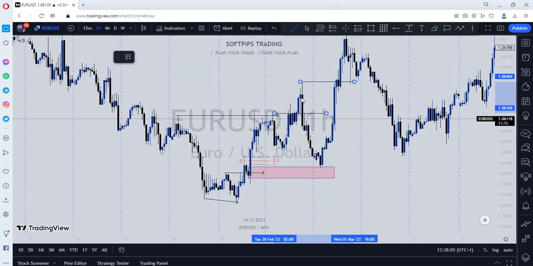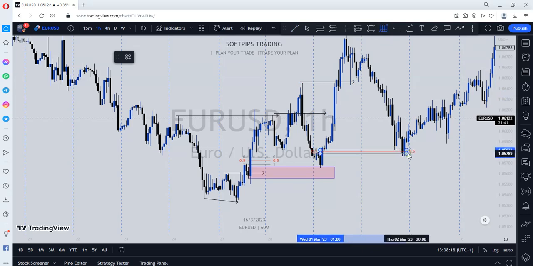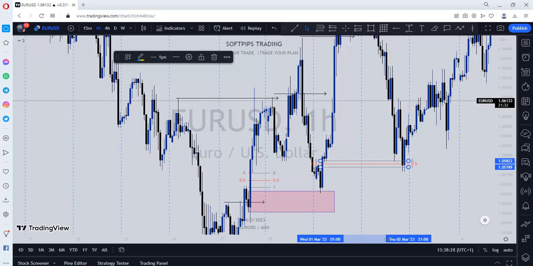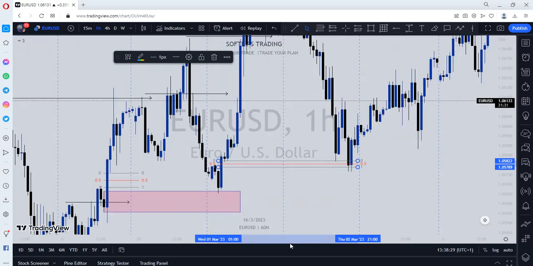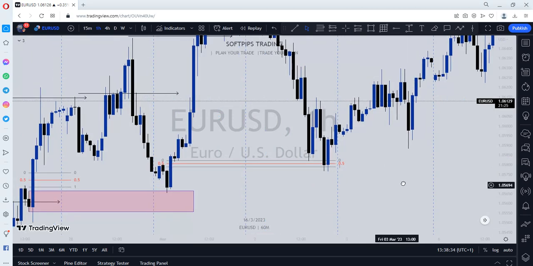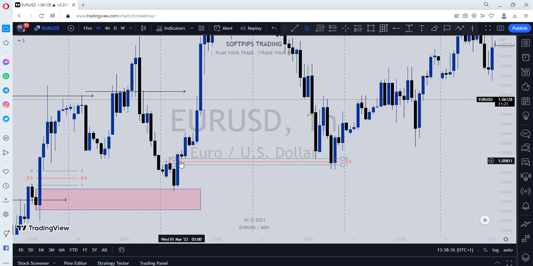So now coming back to what I showed initially as well, this is a fair value gap, very tiny though. This is a fair value gap.